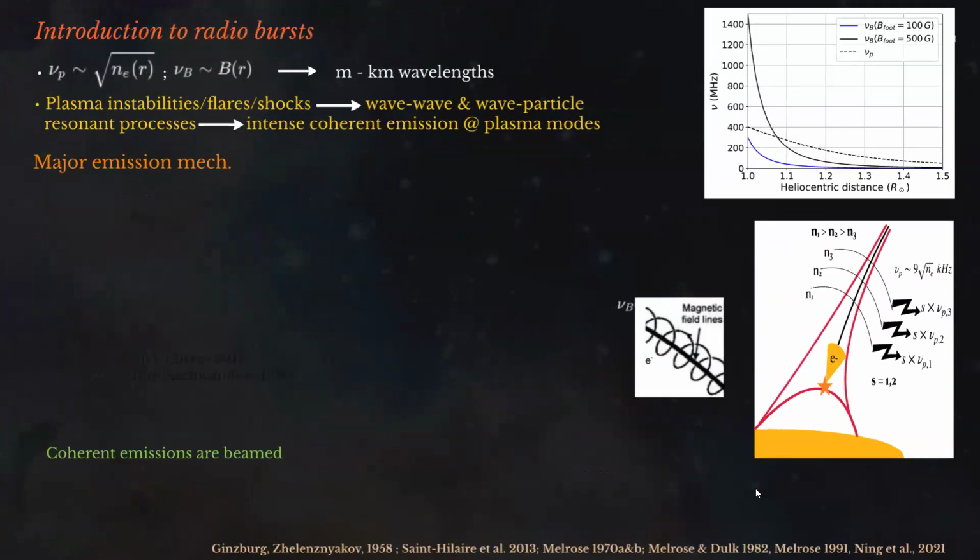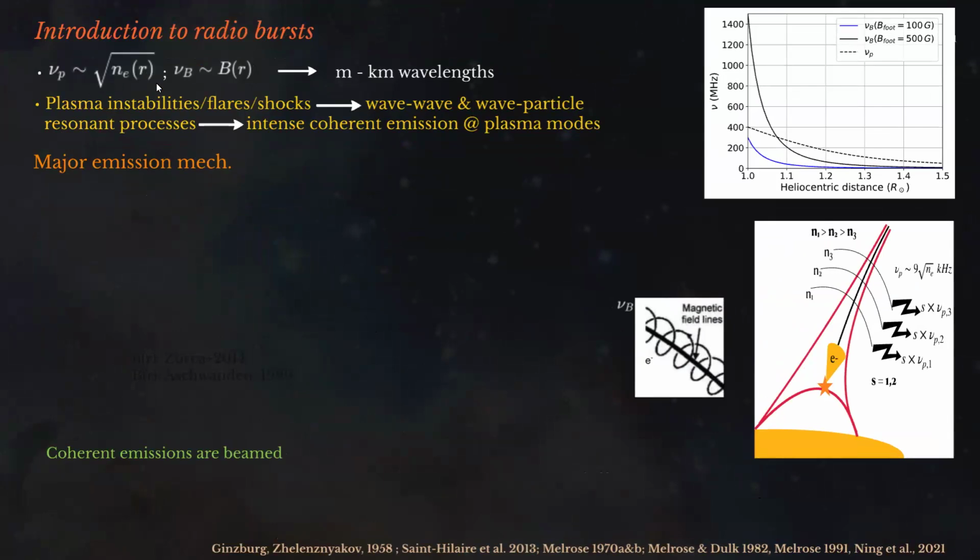So why meter wave band? Yeah, so when you ask the question like, okay, given the coronal parameters like density, magnetic field, and so on, you can basically define the coronal plasma based on these fundamental physical fields, right? And you can ask the question that, okay, what are these different plasma modes in these coronal layers?